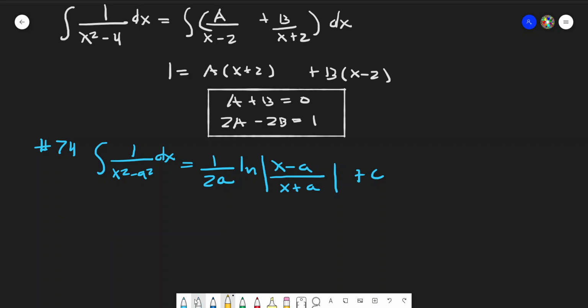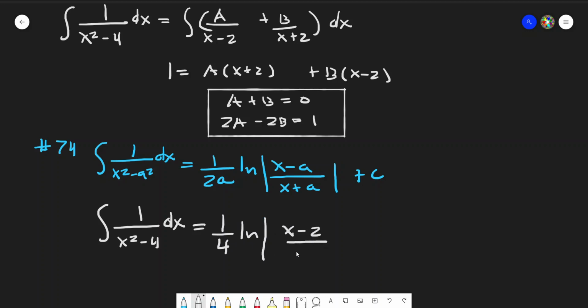The integral of 1 over x squared minus 4 dx is equal to, okay, we don't even need partial fraction decomposition because we know a is equal to 2. So we have 1/4 times the natural log of the absolute value of x minus 2 divided by x plus 2, plus c. And that would be it, actually.